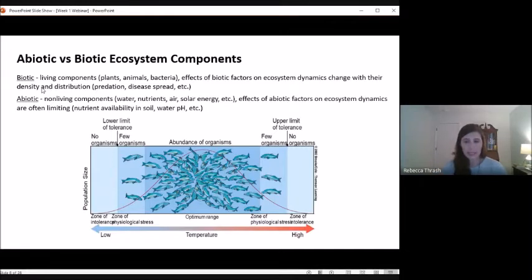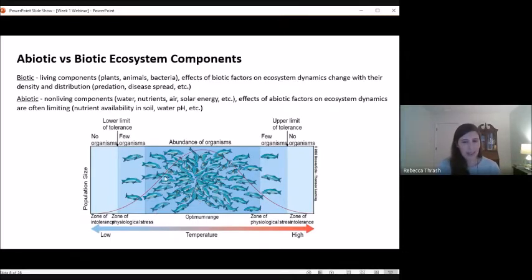So I've got the example here of an aquatic ecosystem. You've got a population of fish, and then the abiotic factor of temperature. Within the entire range, you've got this optimal temperature where most of the organisms within the population are going to want to be.